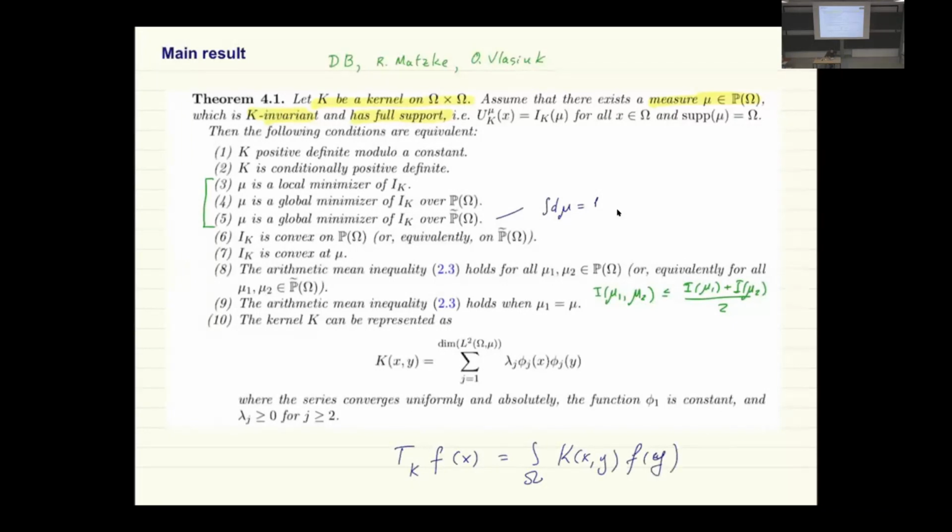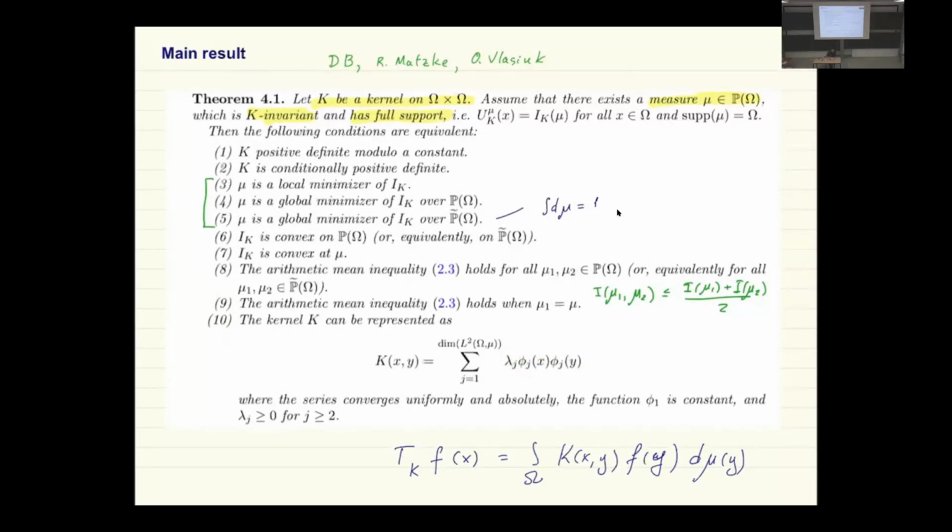And this is going to be a compact operator on L2 of mu. And well, you can write, and if the kernel is positive definite, then this operator is going to be positive, which means that its eigenvalues are going to be non-negative, and you are going to have this expansion, where these are the eigenfunctions, and the eigenvalues have to be non-negative.